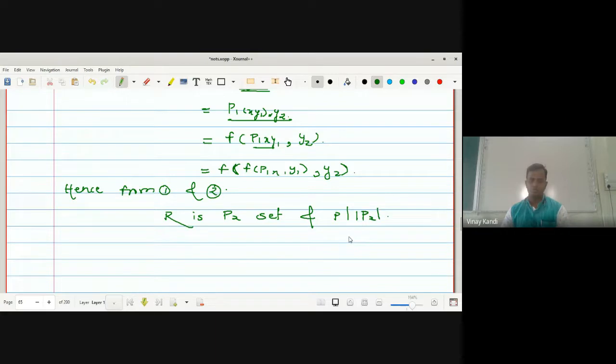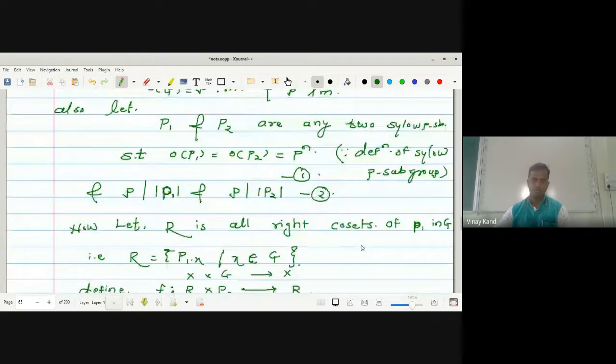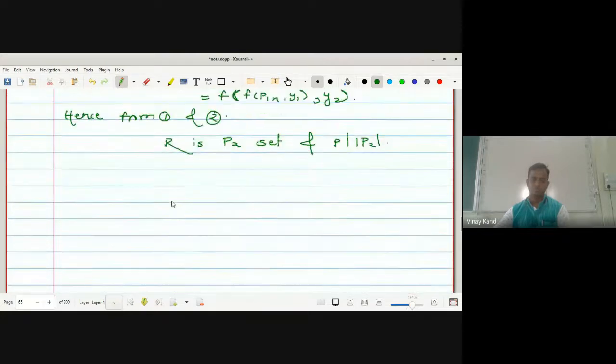Order of p divides the order of p2 from 1. Look here, from 1, p divides the order of p2 here.